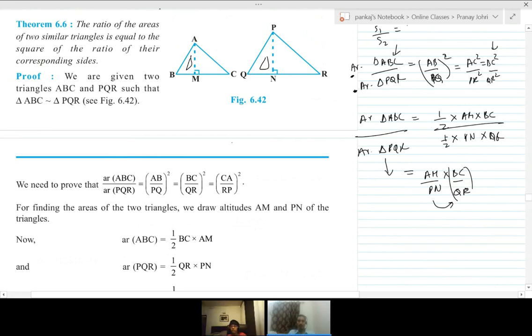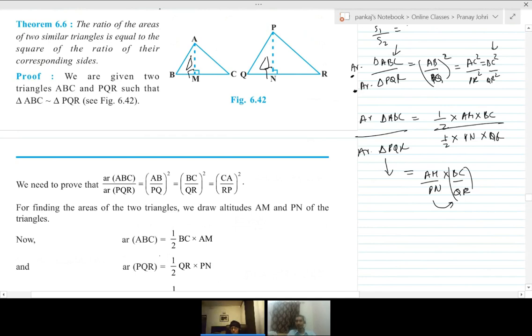It's given that ABC is similar to PQR. Only two angles are needed to prove similarity, so that solves the purpose.